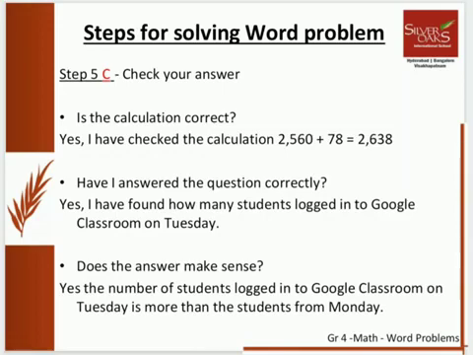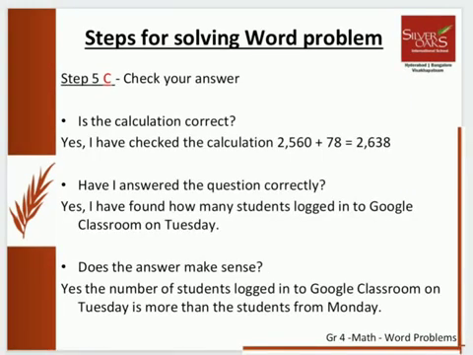Does the answer make sense? Yes, the number of students logged into Google Classroom on Tuesday is more than the students logged in on Monday. Hence, my process of solving the problem is correct. This is how we should solve a word problem.